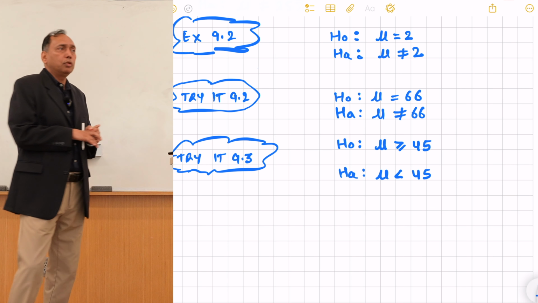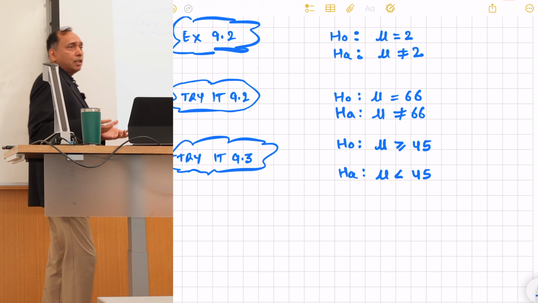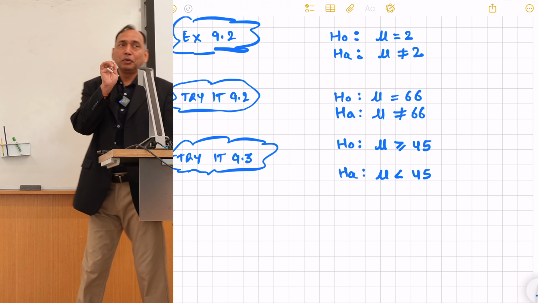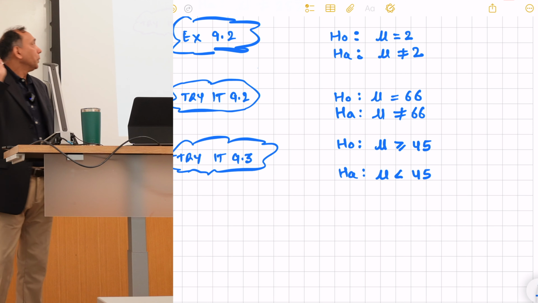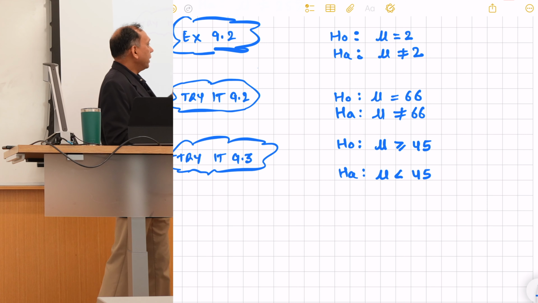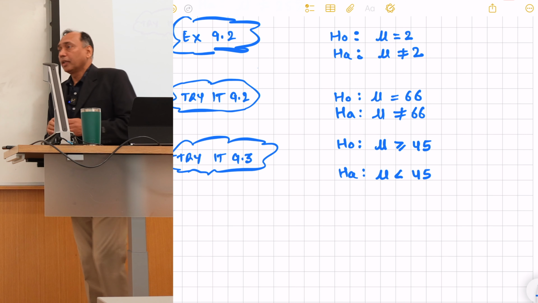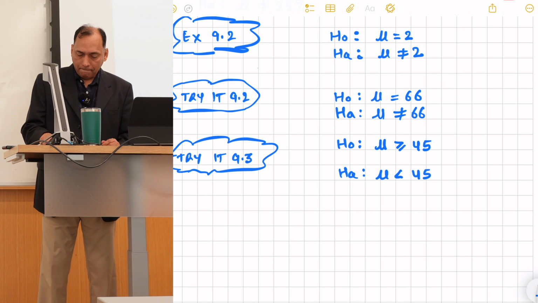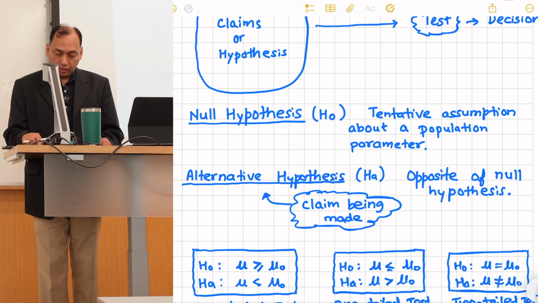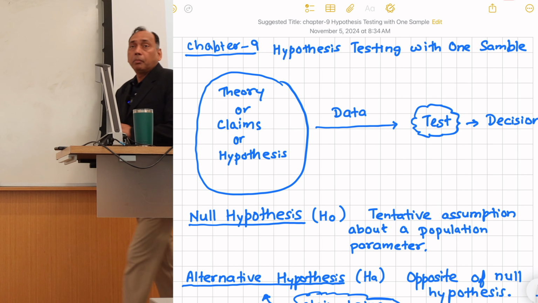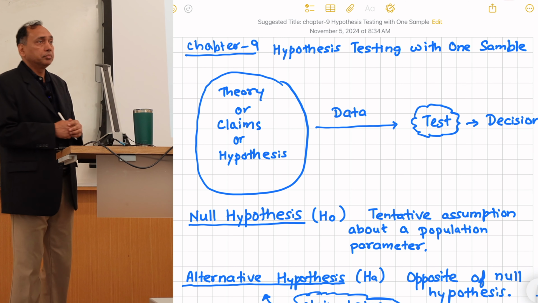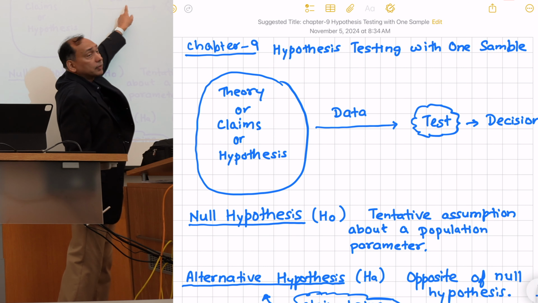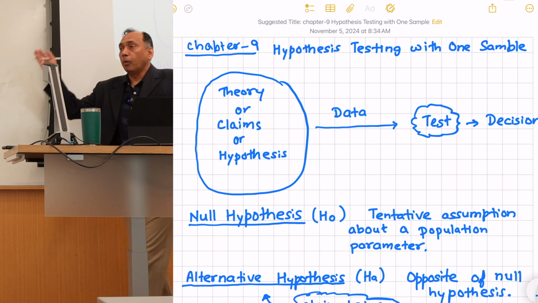So in any given situation, if you are doing hypothesis testing, this always becomes your first step. You very clearly write down what is your null hypothesis and what is your alternate hypothesis. Because we are making decisions based on data, these decisions may be incorrect sometimes because we are taking a sample and collecting data from a big population.